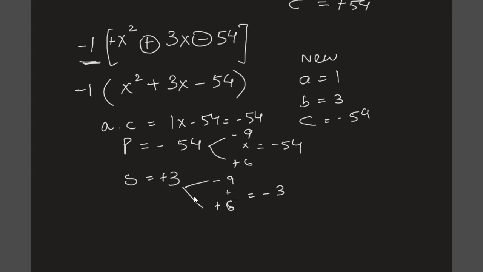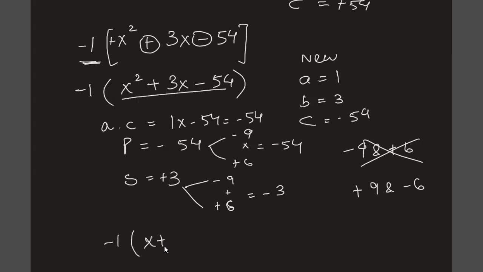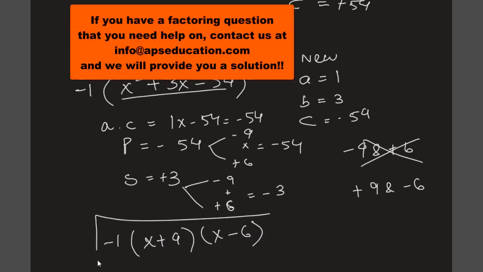Since I want a positive 3, all I'm going to do is flip the signs of the numbers. So instead of using -9 and positive 6, I'll be using positive 9 and -6. So all I have to do is write the -1, and instead of this, I will write x plus 9 and x minus 6. And this is my answer.